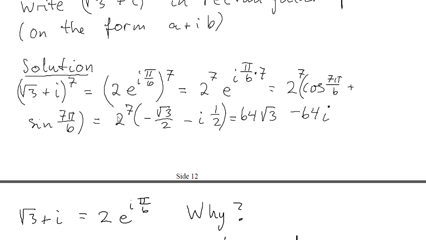So what we are getting here is that this expression is just minus this. It's rather easy to see that this is minus the square root of 3 over 2 minus i multiplied with 1 over 2, which is equal to this expression.